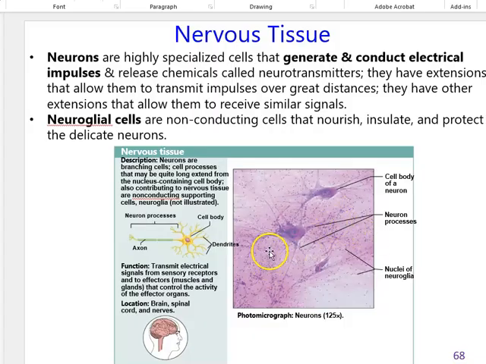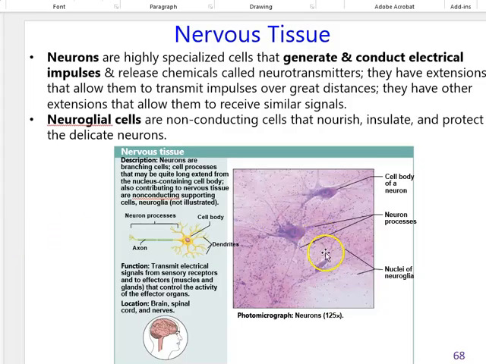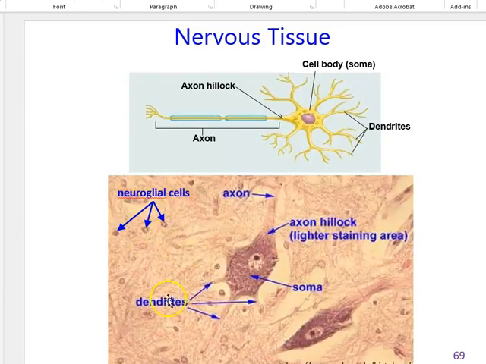This is a zoomed out view, 100 times magnified, where this is probably more like 400 times magnified, just to show huge neurons. Nervous tissue would have these, you'd probably see neurons with processes coming off of those, and lots of smaller evidence of neuroglia around them.